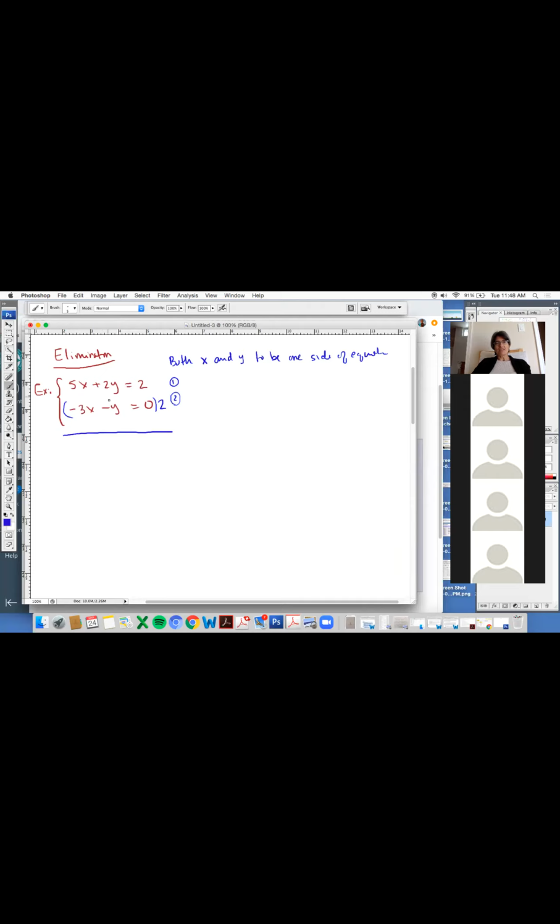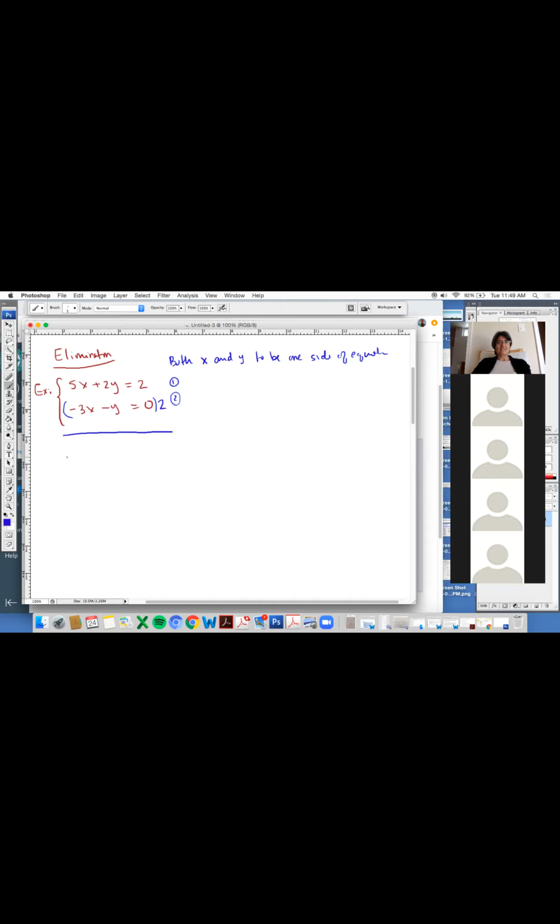You want to make the numbers opposites of each other. If this is plus 2y, you want to make that minus 2y, because then when I add the equations, these will cross out. The goal is to get rid of a variable somehow. This elimination method is sometimes called the multiplication method, because you multiply one or both equations by numbers that make the coefficients of one of the variables opposite of each other.